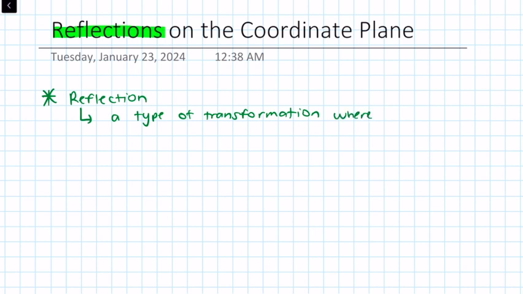where a point flips over a line of reflection.